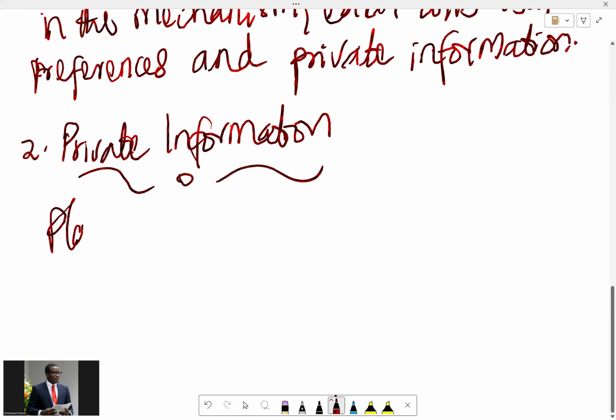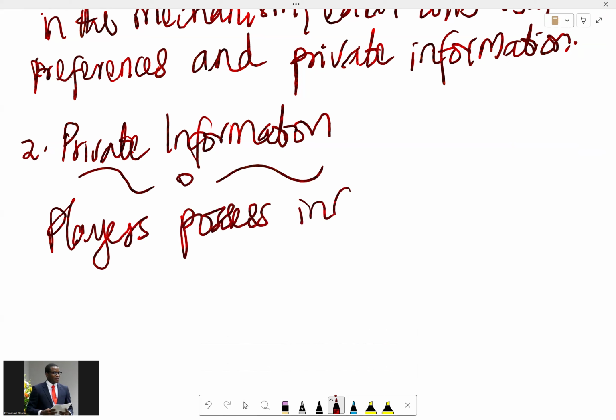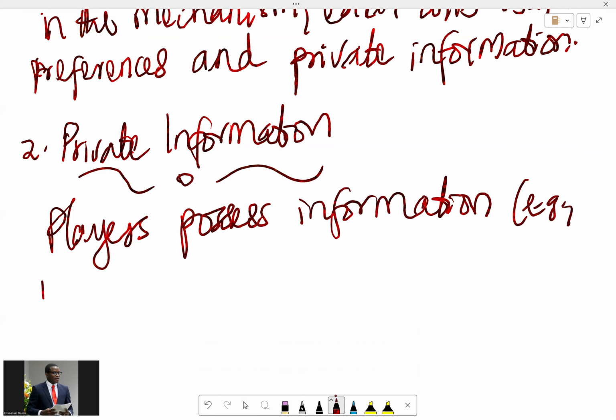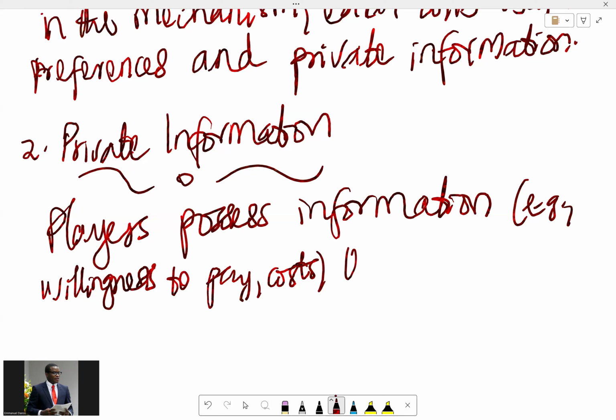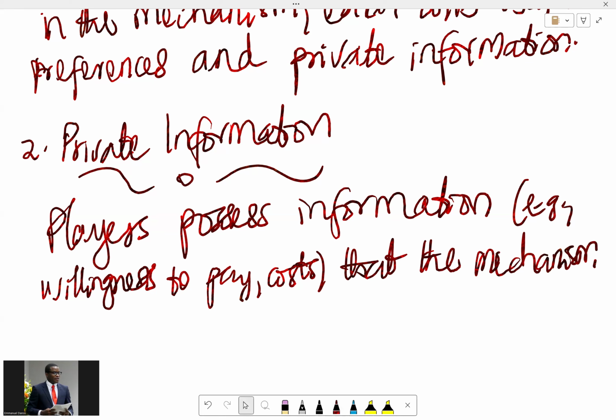Players possess information backing up the mechanism, e.g., willingness to pay, and even the costs, that the mechanism designer may not know.